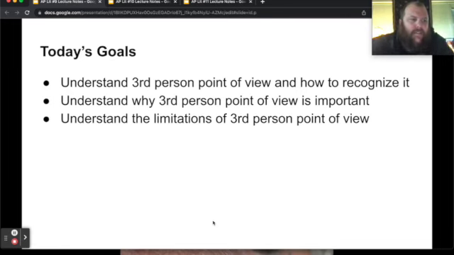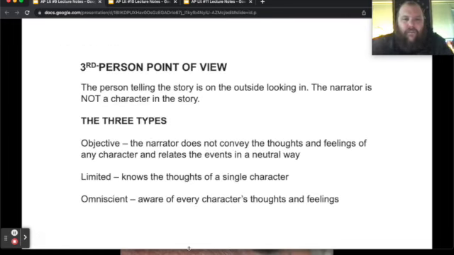Okay. So let's just start with an overview of third-person point of view as a whole. The third-person point of view is the person telling the story is on the outside looking in. The narrator is not a character in the story. All right. So remember, we talked about in our last lecture, maybe 2 lectures ago, the frame. A story is a frame, right?